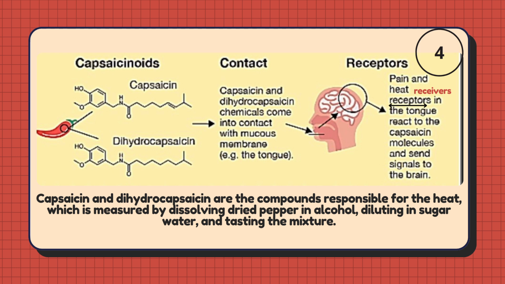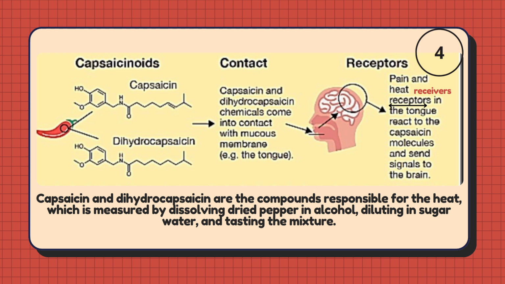These are the compounds responsible for the heat. Why are chili peppers really hot? It's because of the capsaicin and the dihydrocapsaicin.